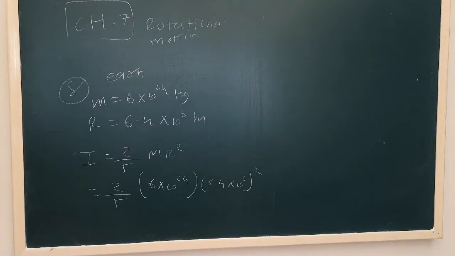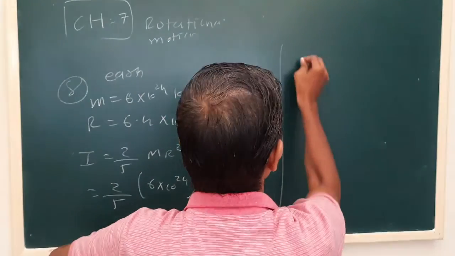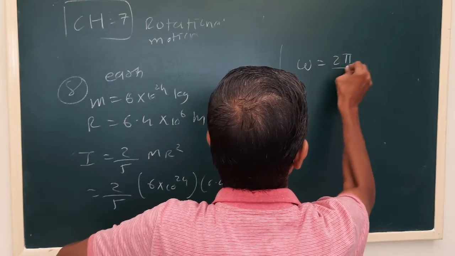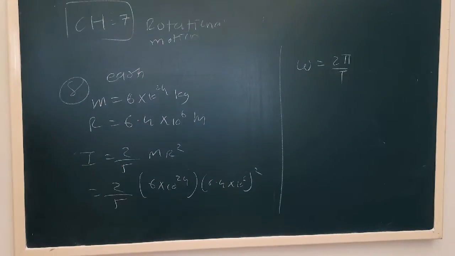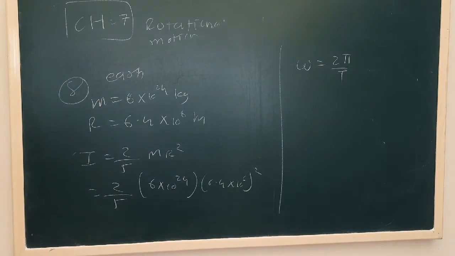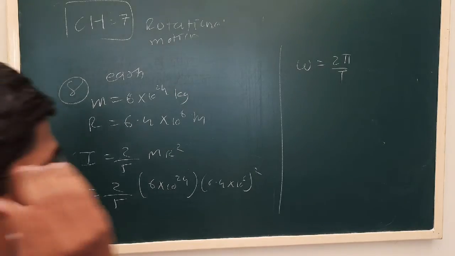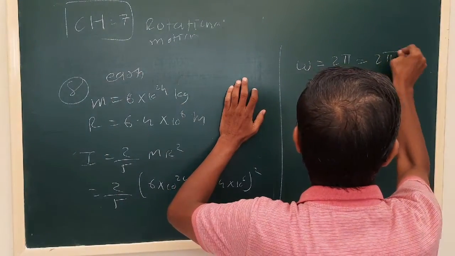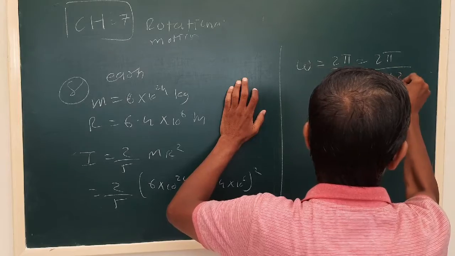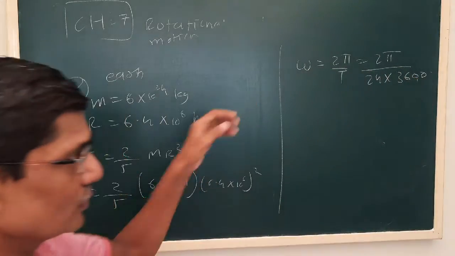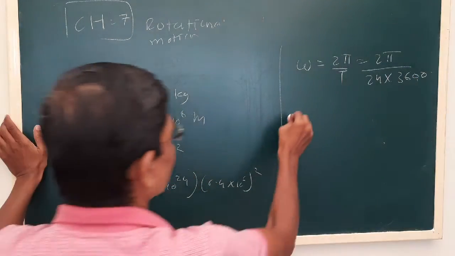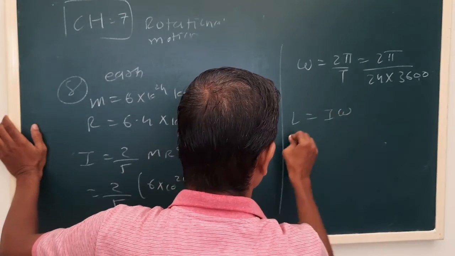Now see, omega is the angular speed. Now see, the time period is 24 hours. Okay, time period is 24 hours. Now 1 hour is 3600 seconds. So by using this, L is equal to I omega.